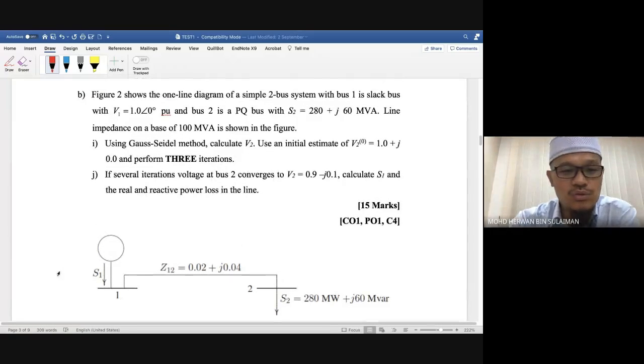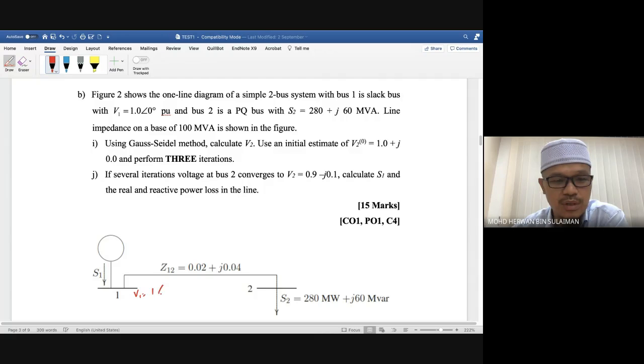Figure 2 shows the one line diagram or single line diagram of a simple 2-bus system with bus 1 a slack bus, V1 per unit. So diberi V1 1 per unit, and bus 2 is a PQ bus with the given load S2 280 megawatts plus J60 MVAR.